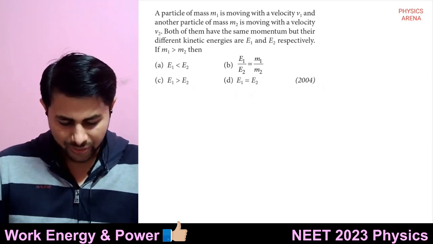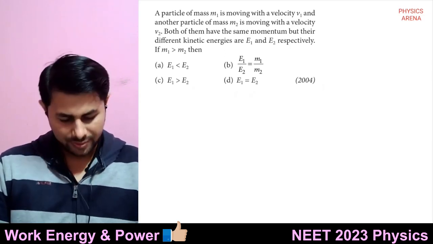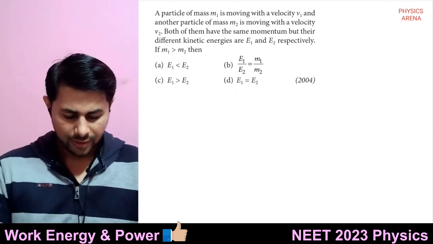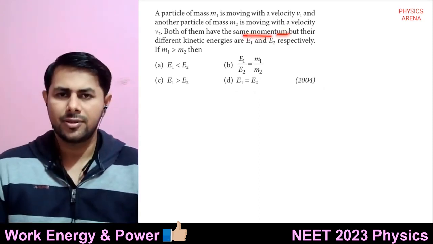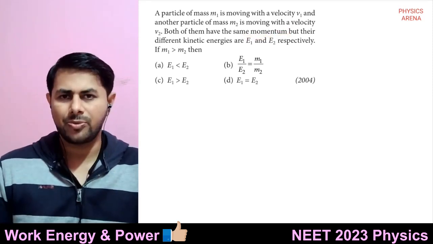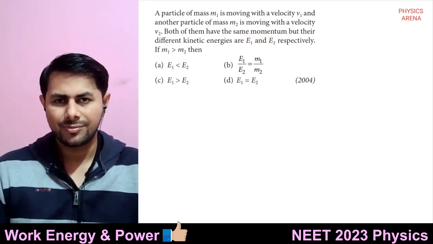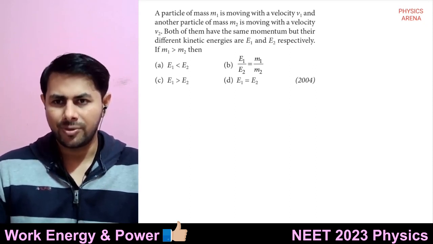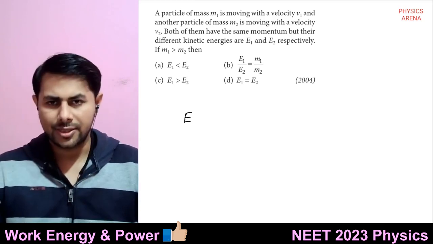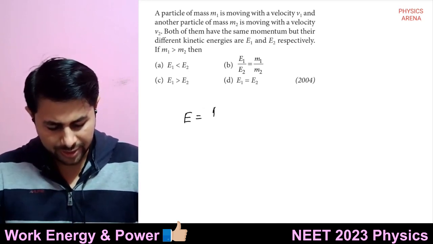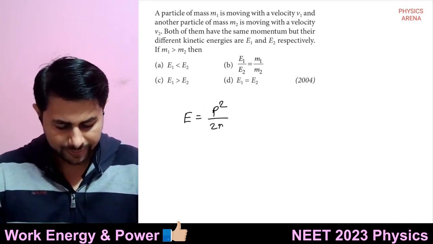This is very straightforward. See, the bodies have the same momentum. That means we have to consider which formula for kinetic energy? The formula in terms of momentum, right? So kinetic energy, let's denote it by E, is P square upon 2m.